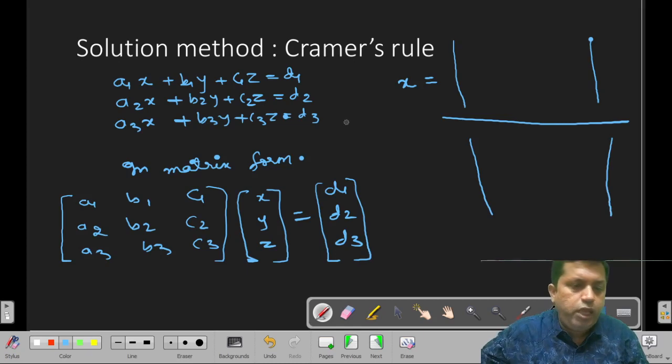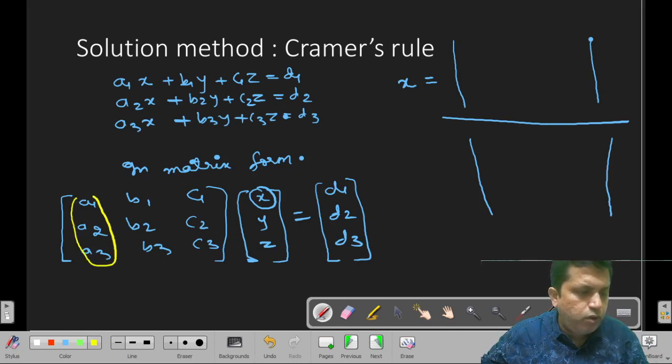Now what is this determinant? See here, this is the first entry. What you will do is replace the first column of this matrix by the first column of the right hand side matrix.